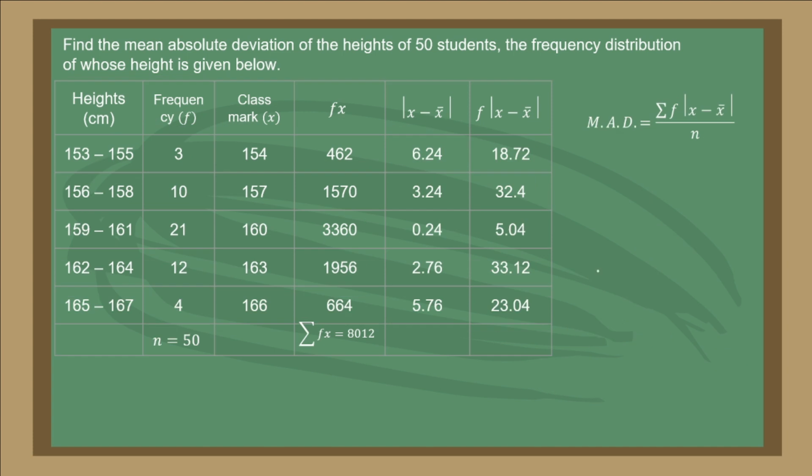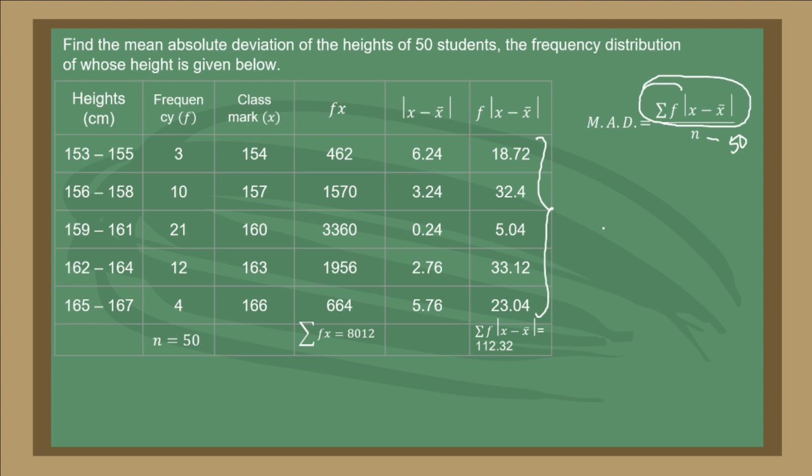So, the formula that we're going to use is MAD is equal to the summation of f times the absolute deviation over n. We are going to get the summation of f times absolute deviation, meaning we are going to add this up. The answer will be 112.32. Then, our n is 50.